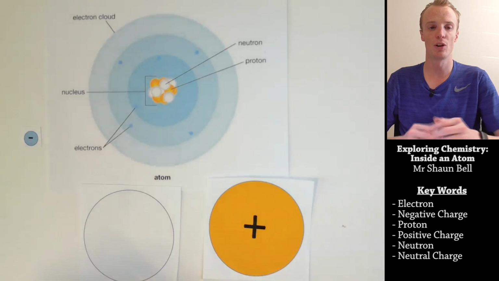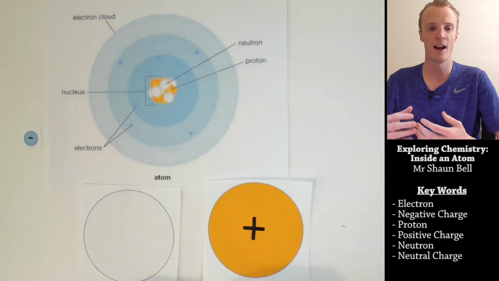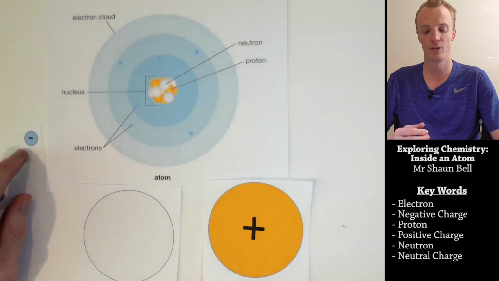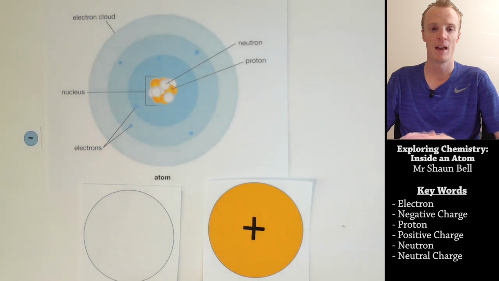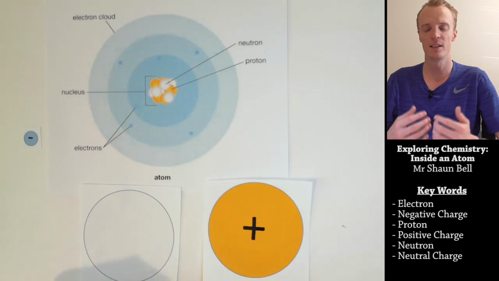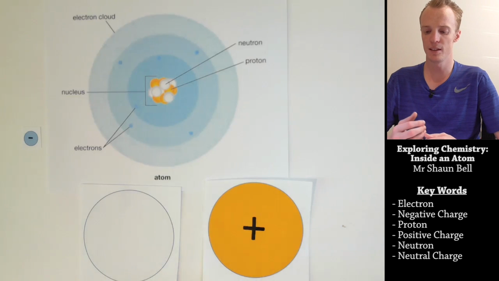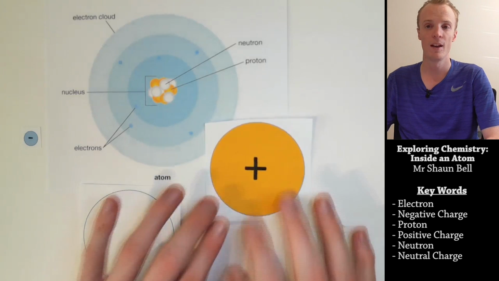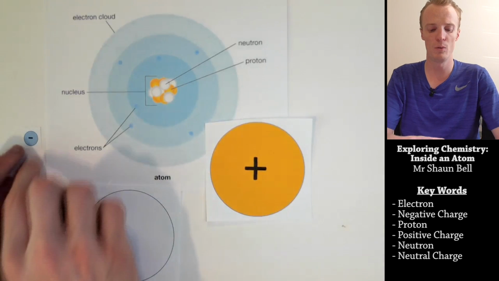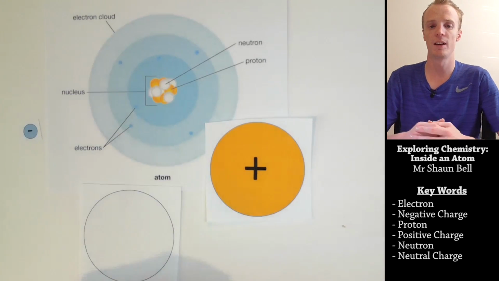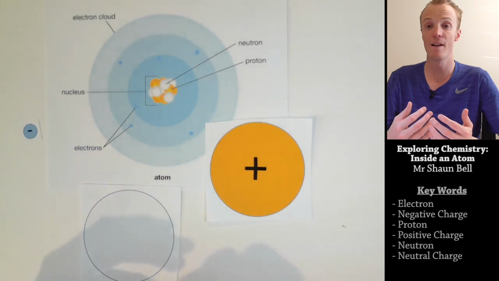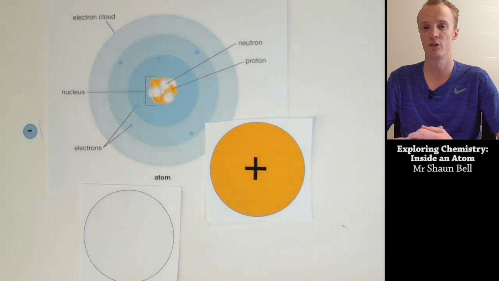This means that the total number of protons an atom has will be equal to the total number of electrons an atom has. As a result, the overall combined charge of the atom is considered to be neutral. This is because all the positive charge that protons have is cancelled out by all the negative charge that the electrons have. So the atom is considered to have no overall charge.